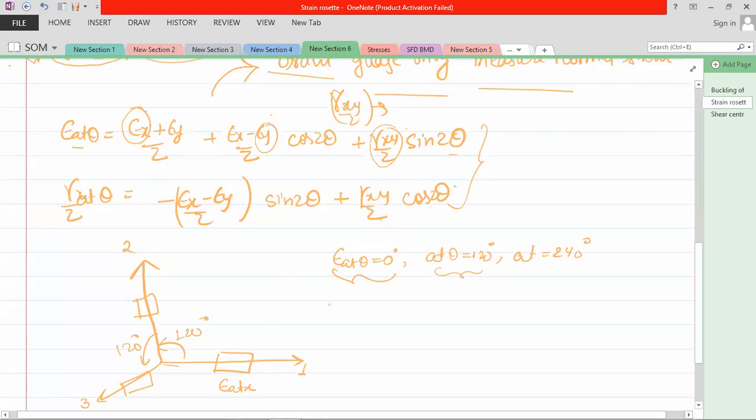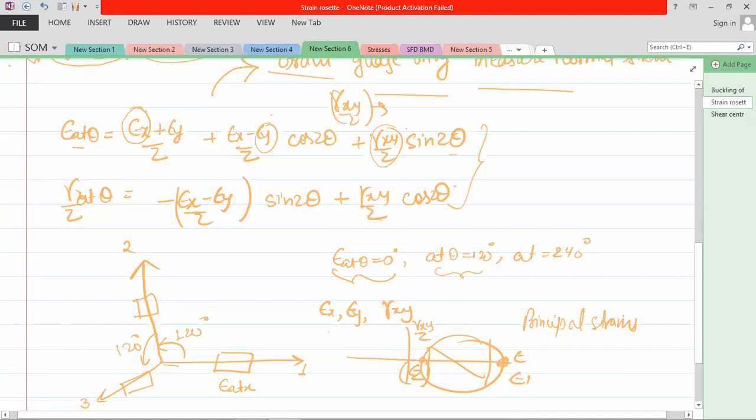If we obtain epsilon x, epsilon y, and gamma xy, we can draw the Mohr circle using that. I hope you remember gamma xy by 2 and epsilon, and we draw a Mohr circle something like this. Okay, we can obtain the principal strains, suppose this is epsilon 1, this is your epsilon 2, and from the principal strains we can obtain the principal stresses.